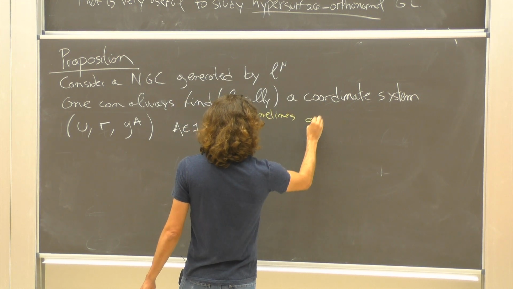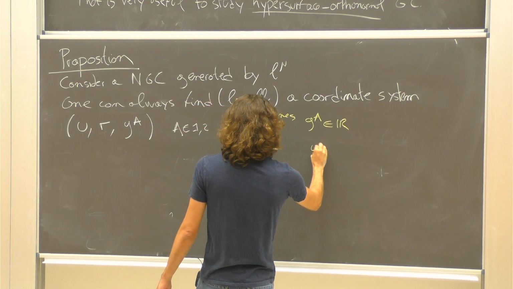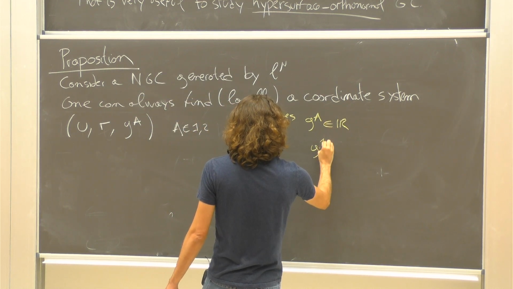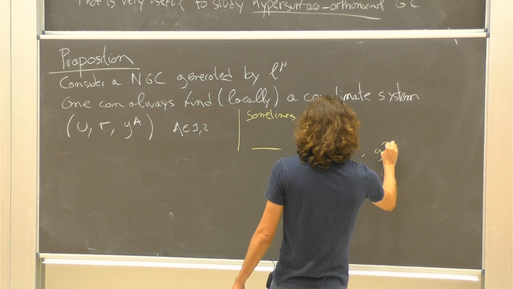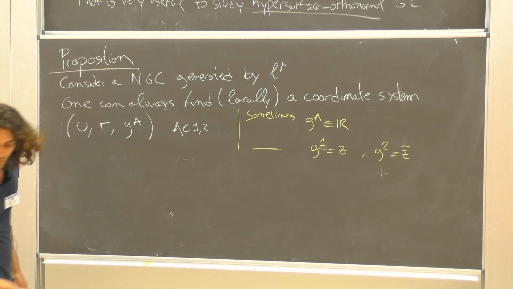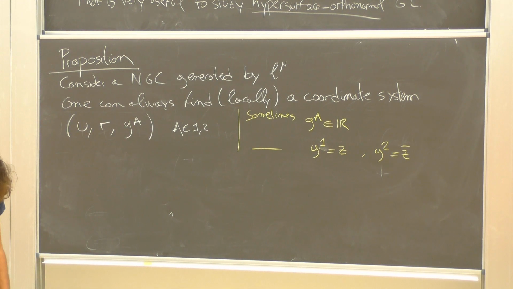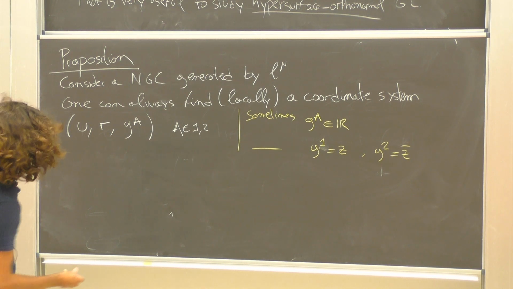Sometimes it would just be 2 real numbers, and sometimes y^1 would be some z and z bar, holomorphic coordinates, depending on what we care about. It's 2-dimensional, so you can go from one to the other.